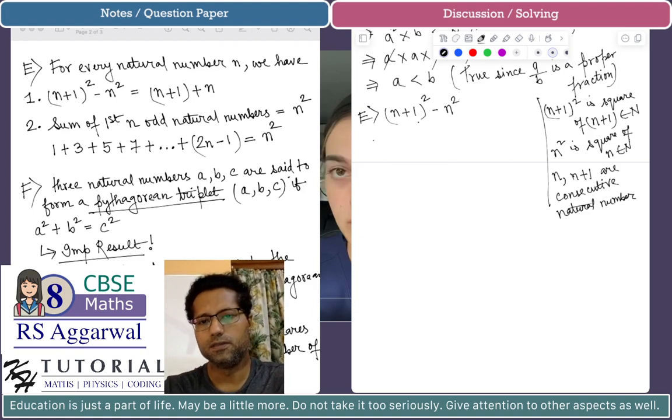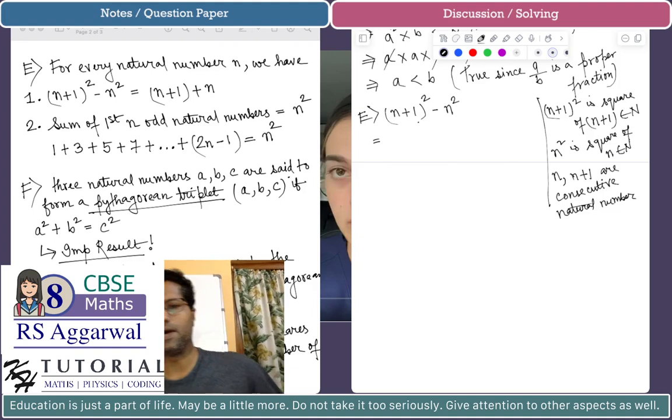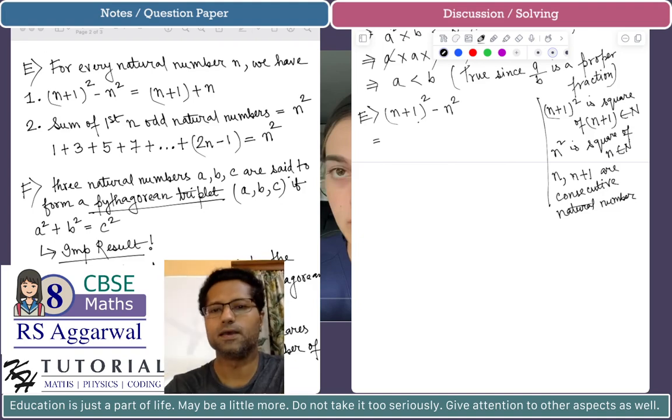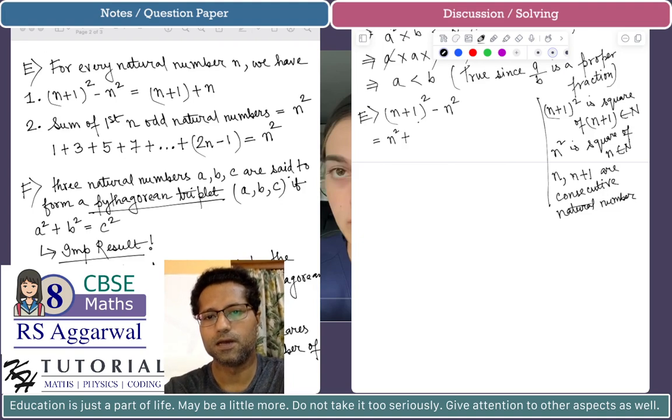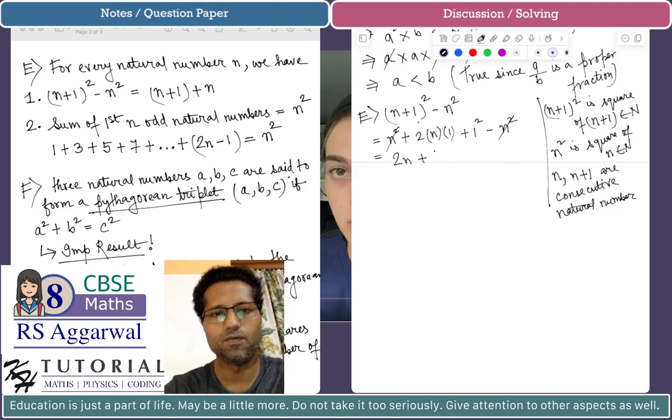Now if I apply the formula of a plus b whole square, I get n plus 1 whole square is equal to n square plus 2 into n into 1 plus 1 square, and I have minus n square. This is equal to, n square gets cancelled out, 2n plus 1. Now this is nothing but n plus 1 plus n.